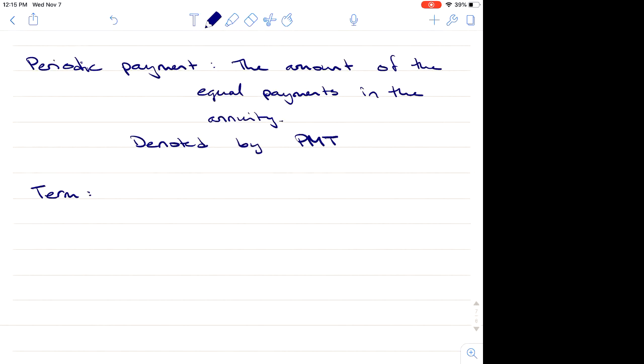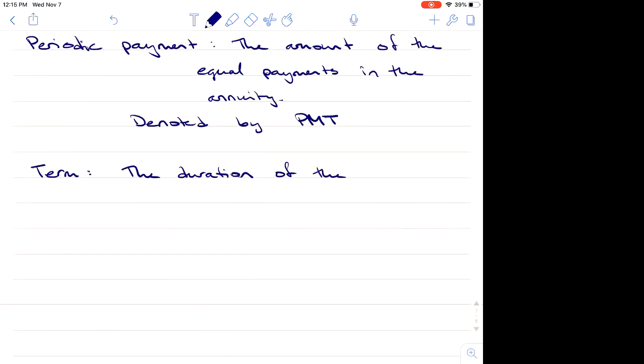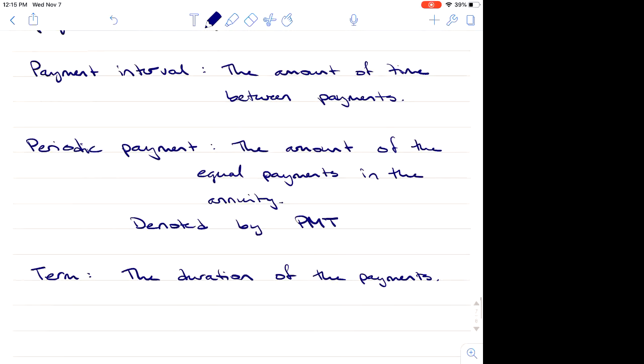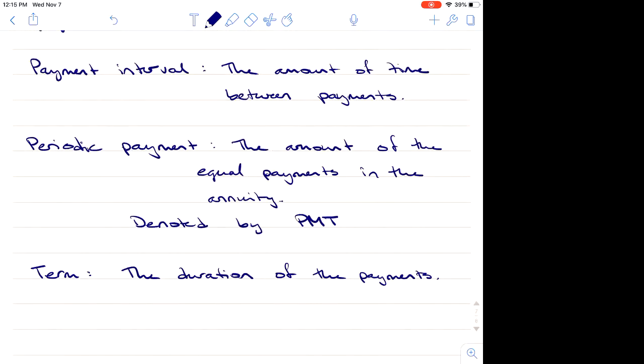And so that would be the term, the duration of the payments. What's nice about all these is they're kind of self-descriptive: payment interval, periodic payment, the term.